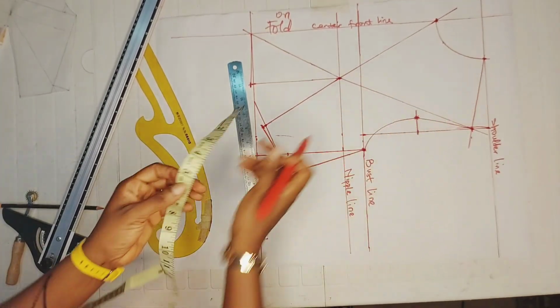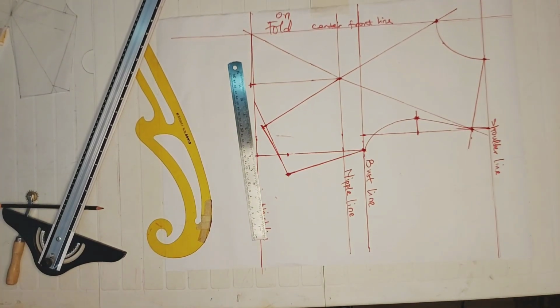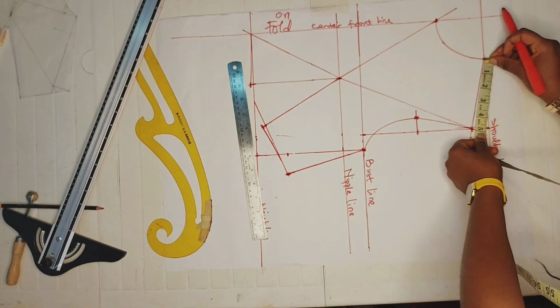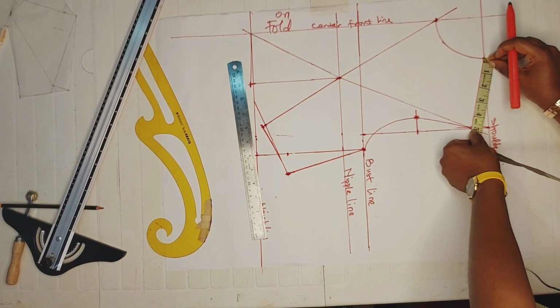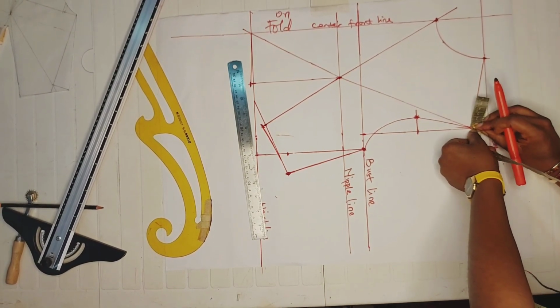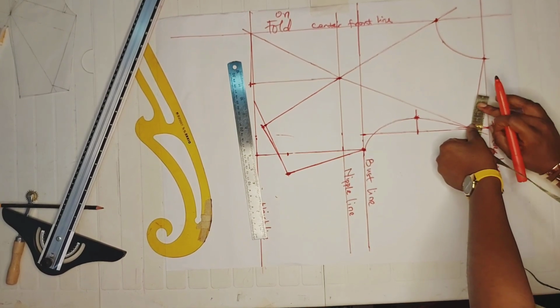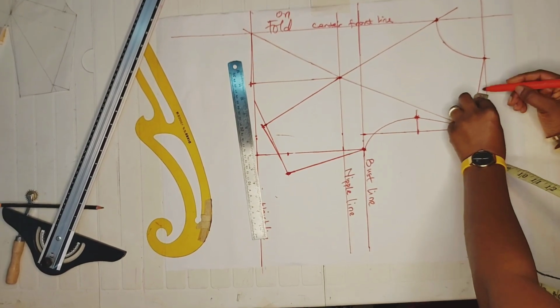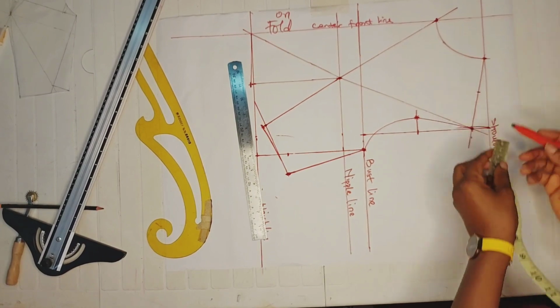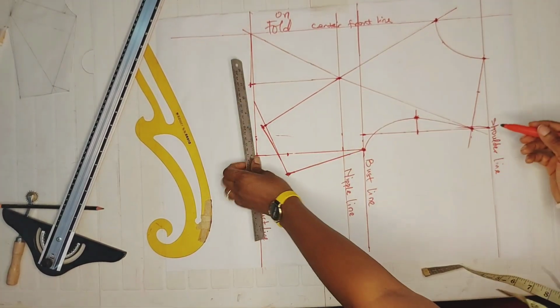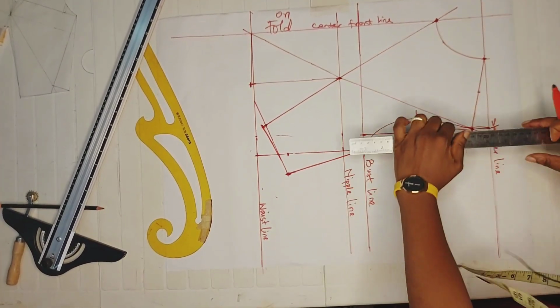To get the center of the shoulder slant, we measure from this point to this point and bend the tape like so. We mark that point, and then we connect it to the nipple point.